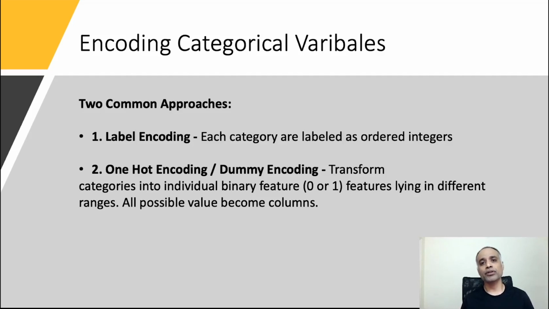Say for example, I have data of countries. Suppose I have countries like India, UK and USA. If I give the numbers 1, 2 and 3, the model may predict based on the values 1, 2, 3, but here the order doesn't matter, so it may bias.